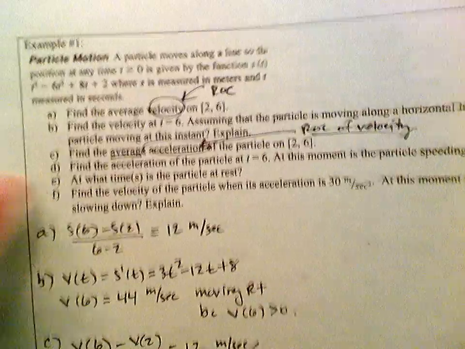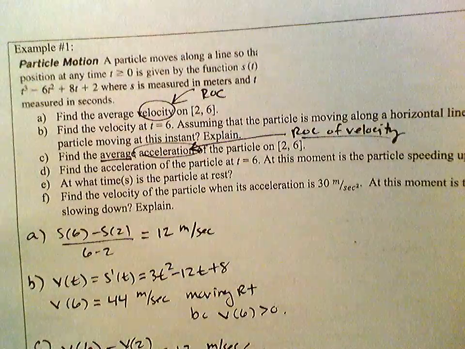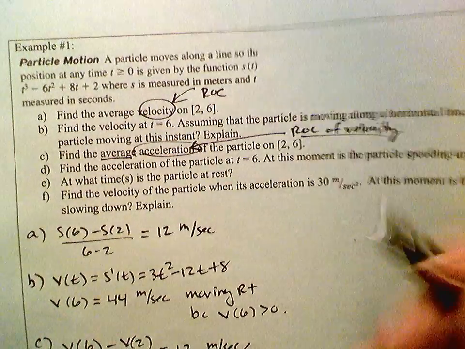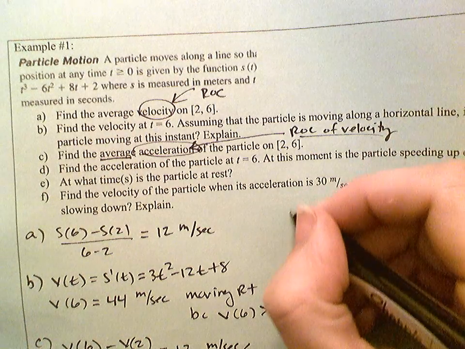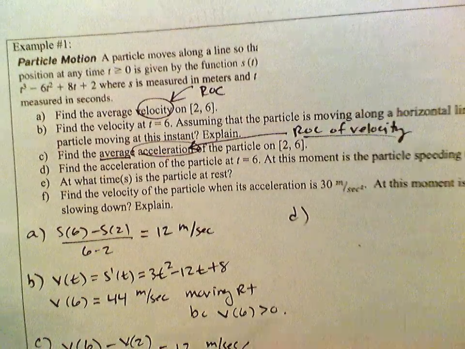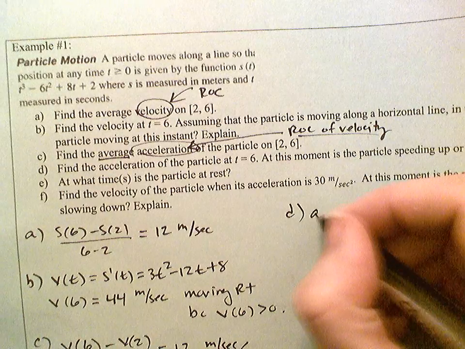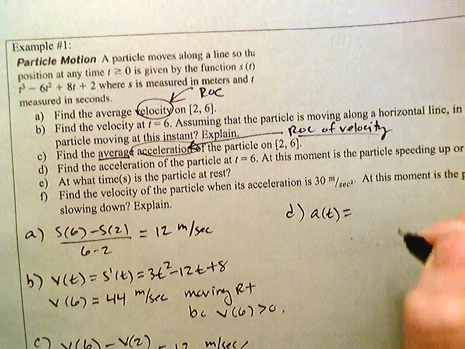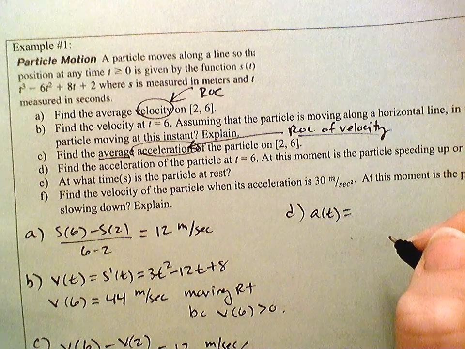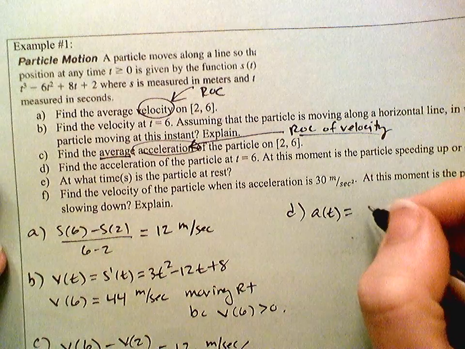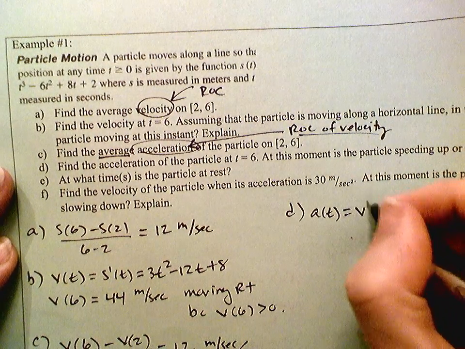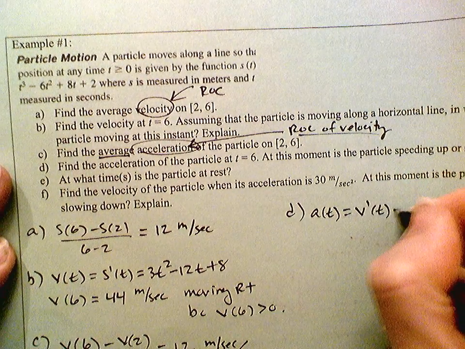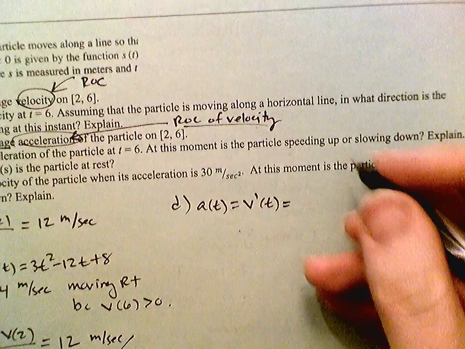Explain. Okay, so acceleration, they're not saying average acceleration, they're saying acceleration. So this is the derivative. So I'll go D, and acceleration, that's the second derivative of s, or you could do the first derivative of the velocity. That's what I'm going to do.